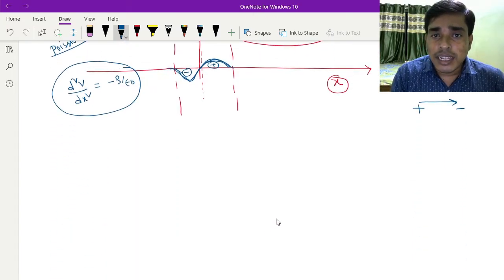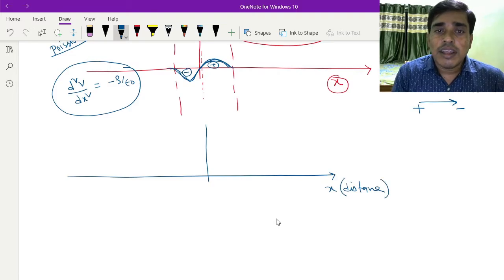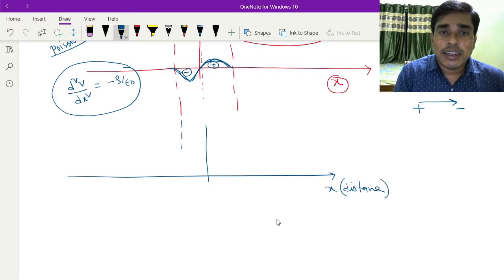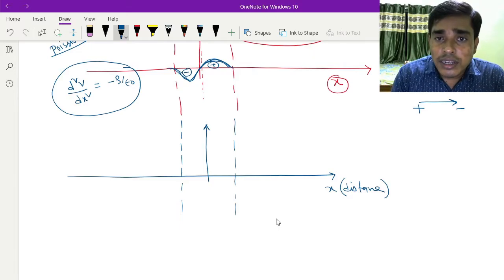So if I draw the change of electric field across the junction, this is distance from this junction, and I want to calibrate the change of electric field. So this is electric field.